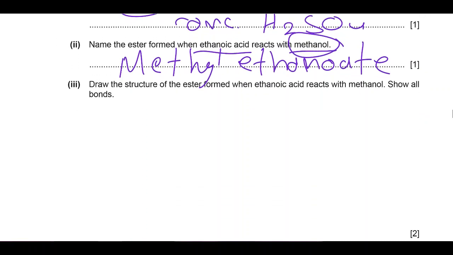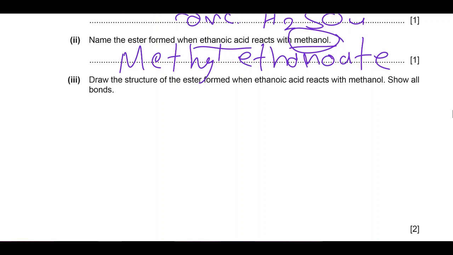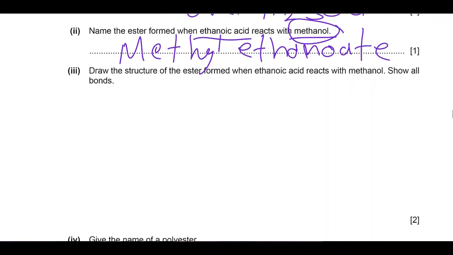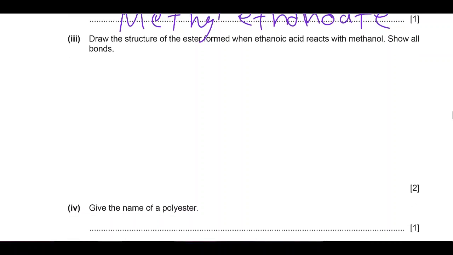Draw the structure of the ester formed when ethanoic acid reacts with methanol. So he is asking about only the ester. But I need to explain the ethanoic acid and methanol, then we will draw the product. So ethanoic acid, 2 carbons, 1, 2. The functional group in the ethanoic acid is C double bond O, OH.